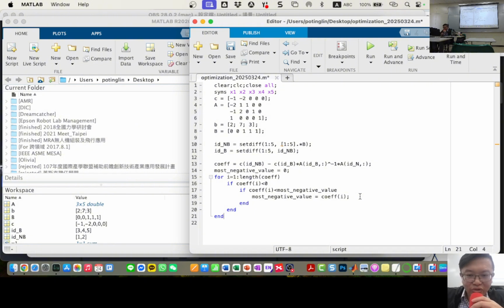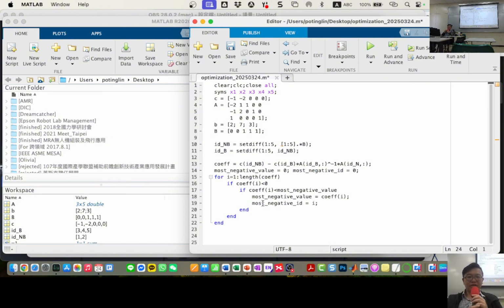And I need to know, so basically the most negative ID is right now 0. So if I find it, the ID would be I. Okay? But I is just the order, but I need to know the real ID.